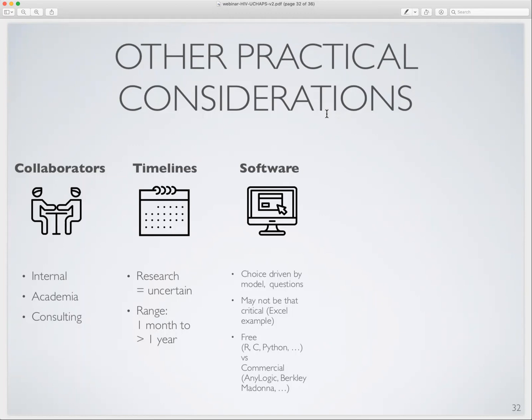If your model happens to be simple enough to be implemented in a spreadsheet, and for example, getting other software is not feasible, then using Excel may be a solution. And I can give examples. I can send out examples that do that. Otherwise you have many options out there, either free or commercial ones, and they can be equally good. Again, it really depends on your own constraints.